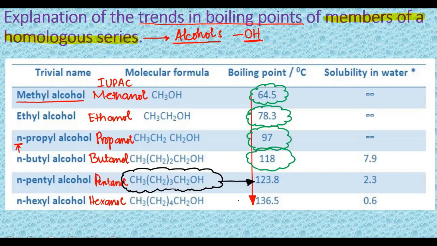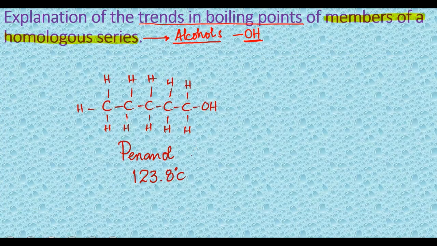For instance, if we take straight chain or normal pentyl alcohol, or pentanol, with the molecular formula C5H11OH and the boiling point 123.8 degrees Celsius, by drawing the structural formula of this compound, whose IUPAC name is pentan-1-ol.